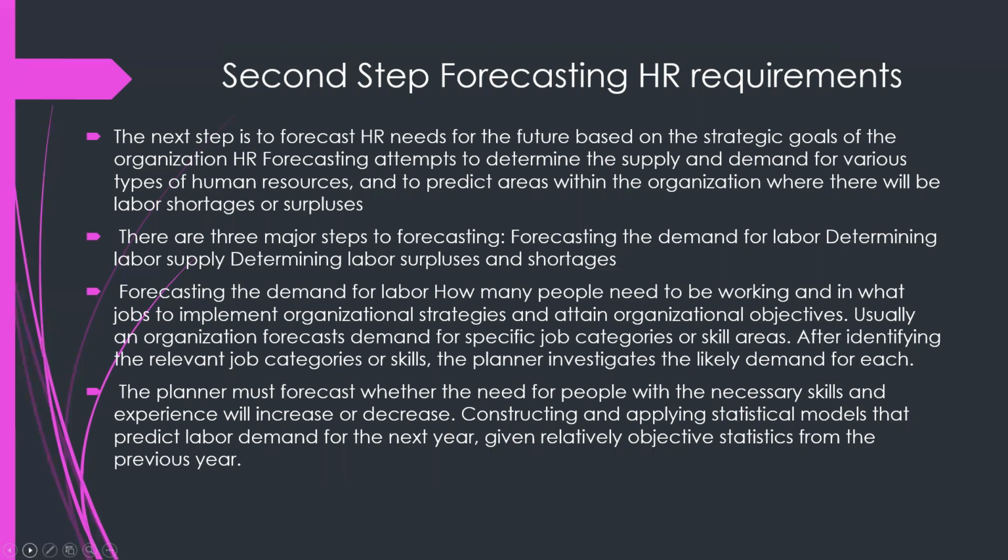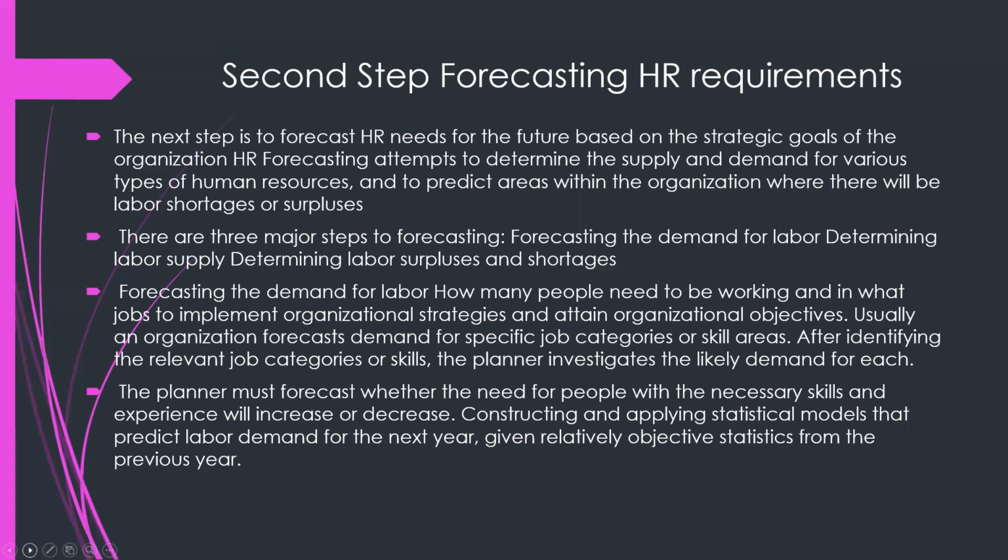The planner must forecast whether the need for people with the necessary skills and experience will increase or decrease. This involves constructing and applying statistical models that will help to predict labor demand for the next few years, given relatively objective statistics from the previous year.